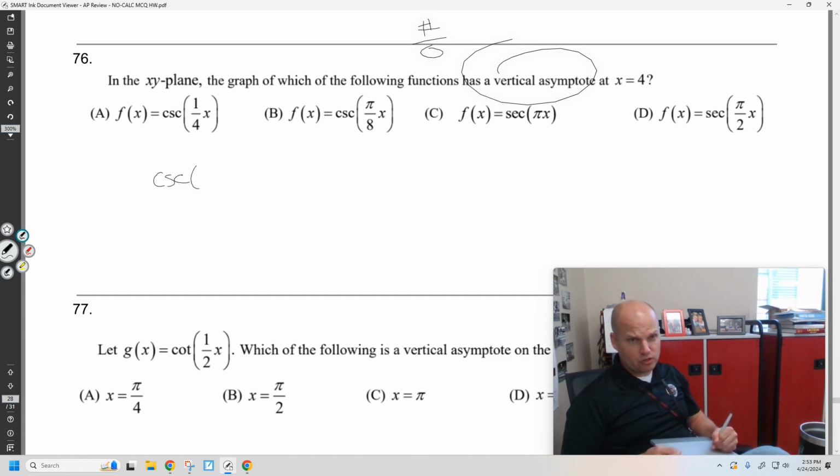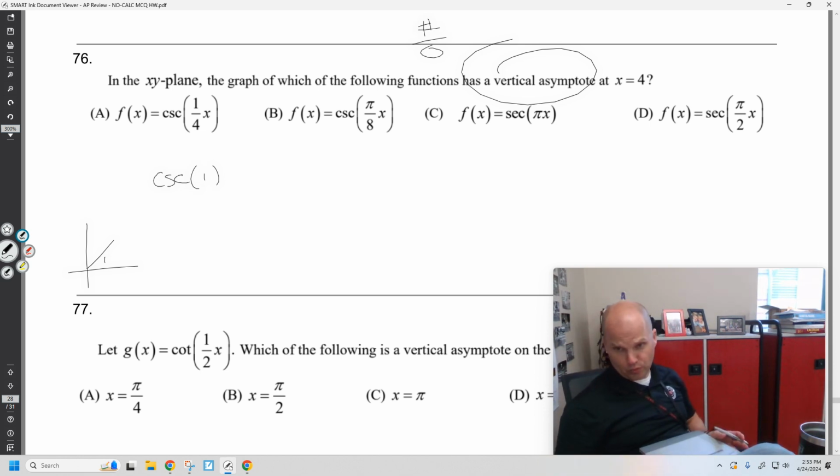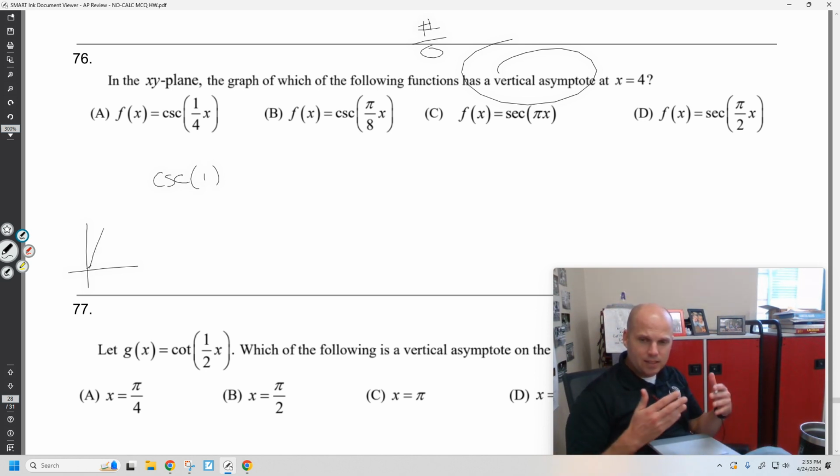You do not know the triangle at the angle of 1. 1 is close to pi over 3, so the angle of 1 is very close to 60 degrees. But exactly what it is you don't know, so you don't know the ratio, so it's not this one.